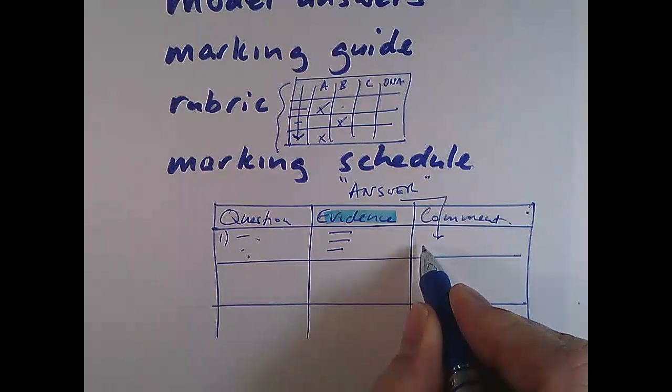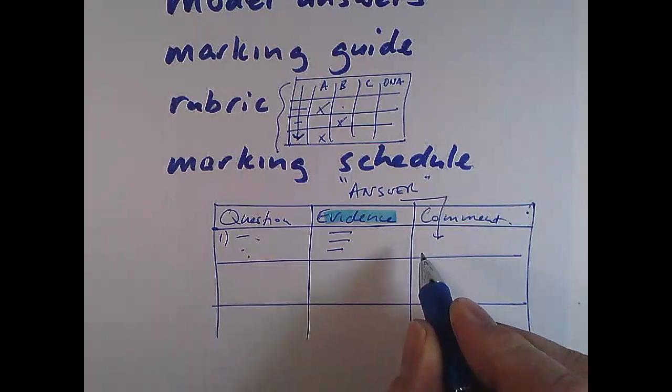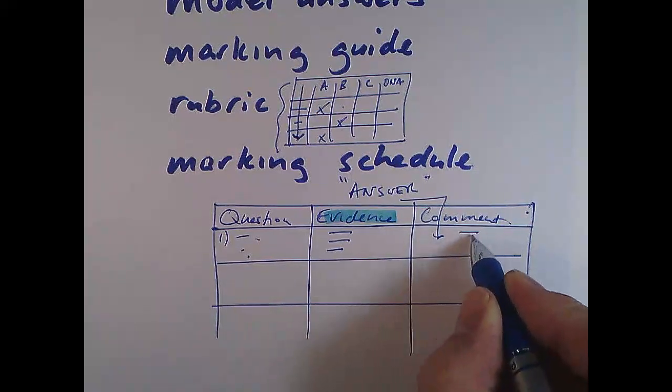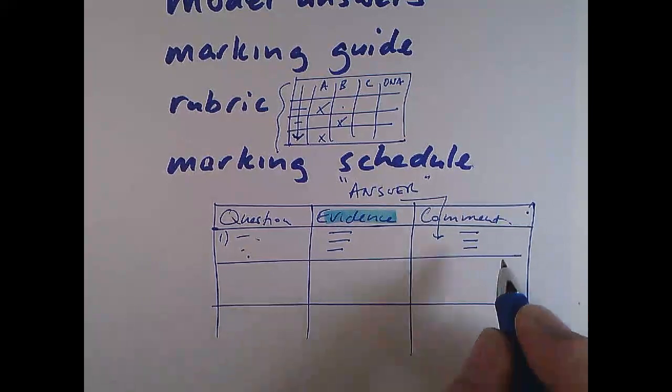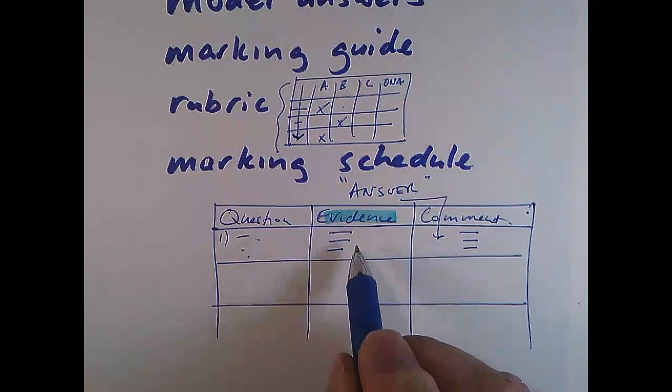And you forget too. What you might mark on a Monday, you might forget when you're marking the same thing on a Thursday. So here you list notes about what evidence you're accepting and what you're not accepting.